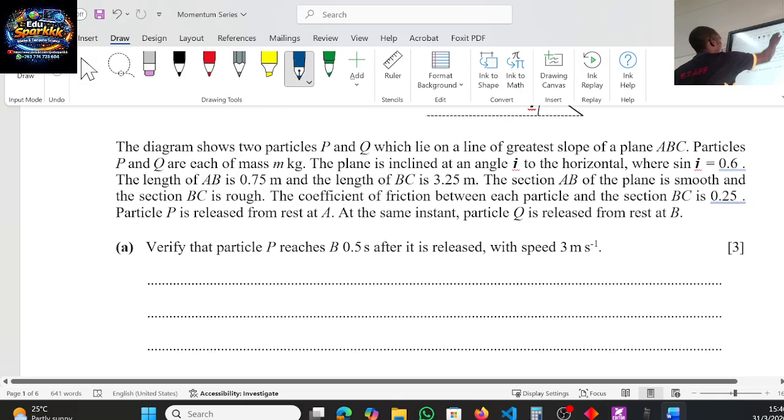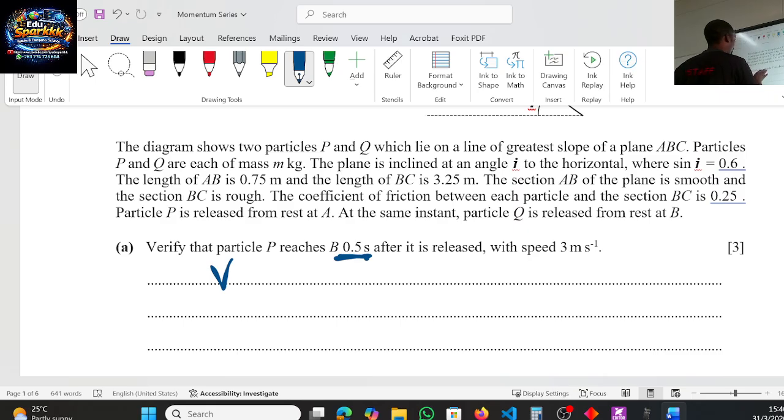In other words, we want to verify that the time it takes for P to move from its starting point to B is 0.5 seconds, and also confirm that the final speed V is 3 meters per second.